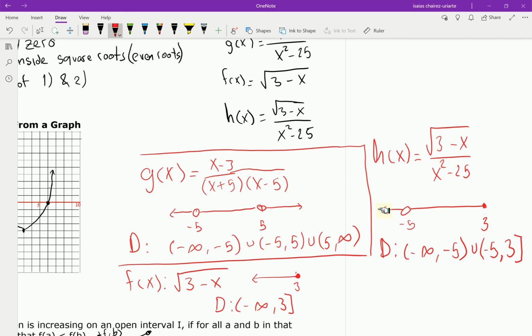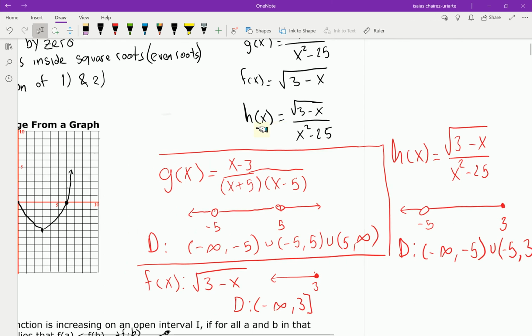Okay, so figuring out the domains whenever you're given a function, an equation, requires a little bit of thinking. It requires a little bit of care. The story gets a little bit easier if what you are given is a graph.